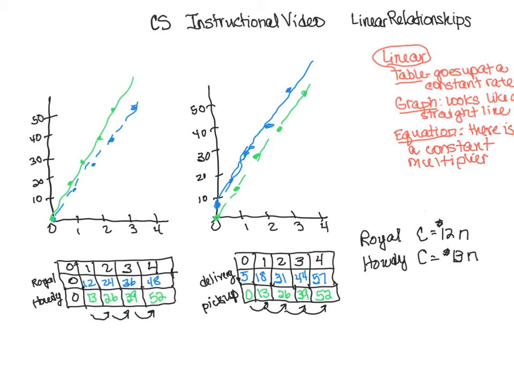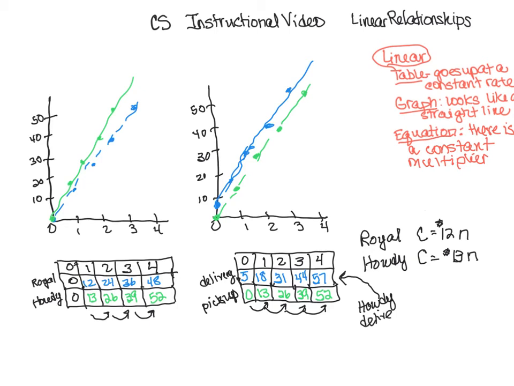Okay, the new piece now is what happens when I have delivery. What happens with this? Well, I'm still going to have $13 per pizza. So I want to do an equation for Howdy's delivery.